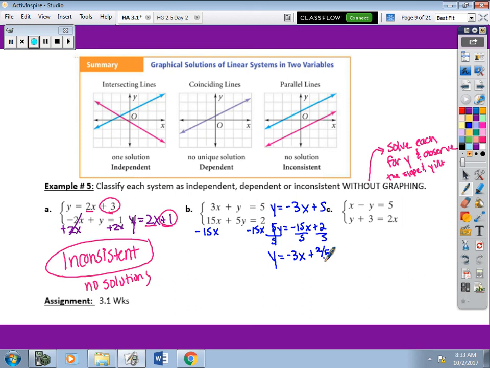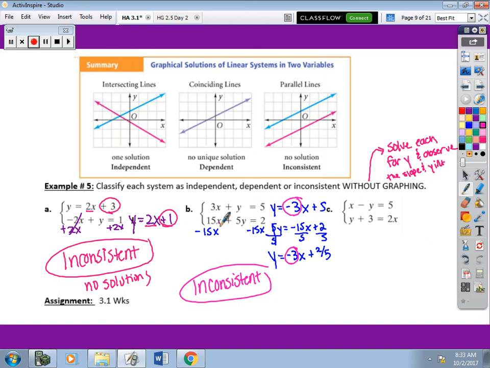So this one would not be independent because the slopes are actually exactly the same. So if the slopes are the same, we then check the y-intercepts. The y-intercepts are different. So this one should be inconsistent. Make sure you don't just look at the number in front of the x. You have to solve for y first and then look at your slopes.